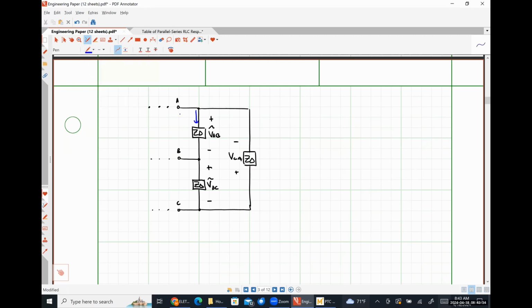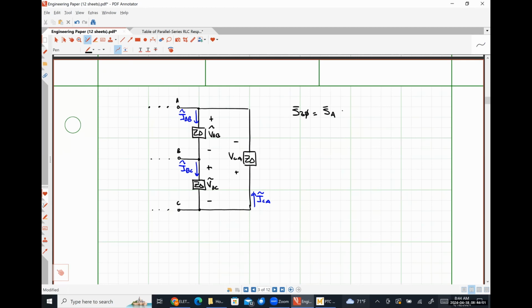Here is our phase current, IAB. Here's our phase current, IBC. Here's our phase current, ICA.